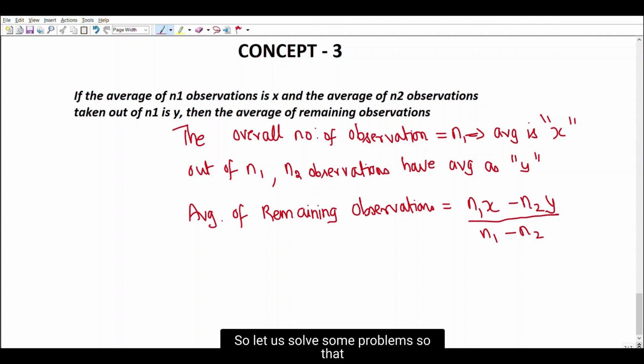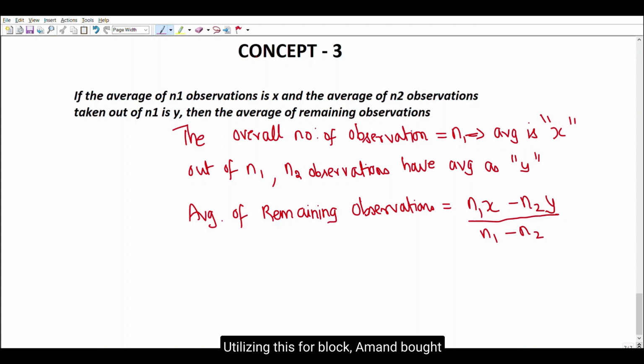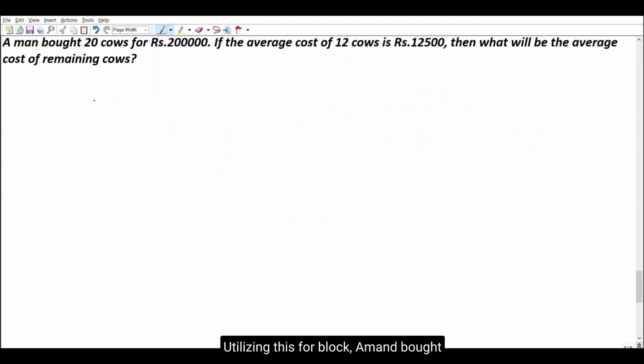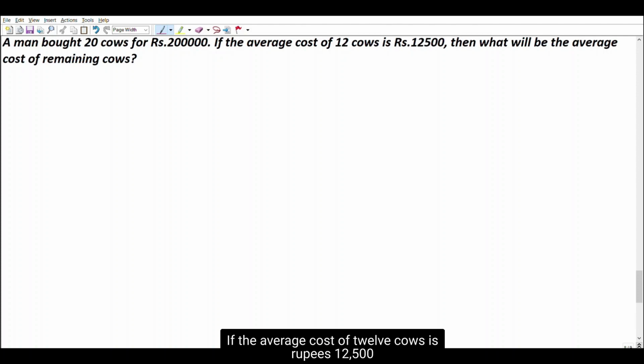So let us solve some problems so that we can get a grip of this concept utilizing this formula. A man bought 20 cows for rupees 2 lakh. If the average cost of 12 cows is rupees 12,500, then what will be the average cost of remaining cows?